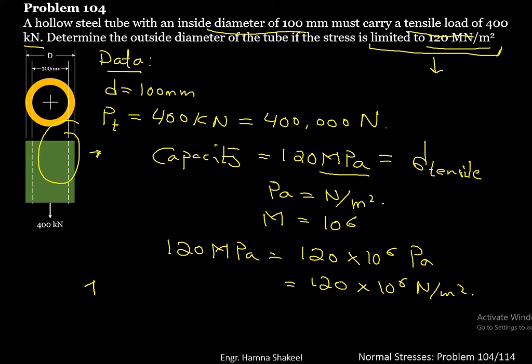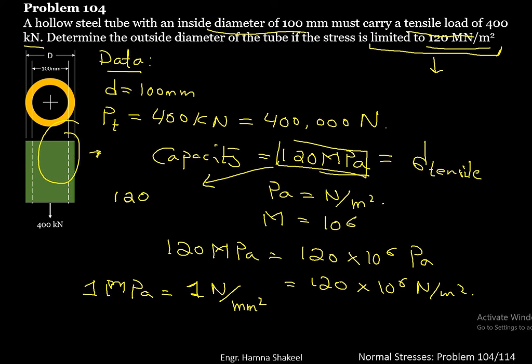Also, 1 megapascal is equal to 1 Newton per millimeter square. So you can also write that stress is equal to 120 Newton per millimeter square. So here is all the data that is given in the problem. Let's start solving the problem.